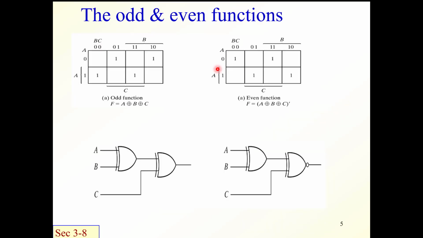So you notice that they are the opposite of each other. This is the odd function. These are the minterms here and here and here and here, while the even function are with the other cells. The one is here instead of this. Here it's 0, while here it's 1. And this is a minterm, and this is a minterm, and this is a minterm.